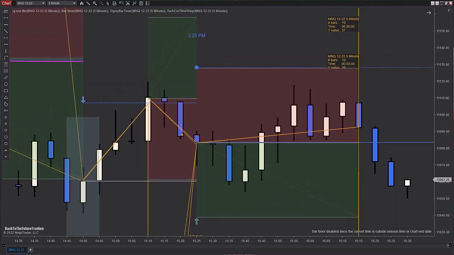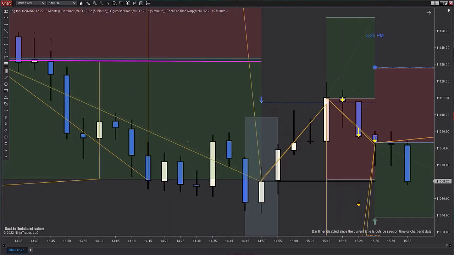Anybody? What is this? Anybody? Bueller? Pattern 8. Lower close, lower close, lower close. And if we're working with the swing strength pattern 4-5 definition of 2, 3, 4 maybe, then we could possibly consider this a new low, right?